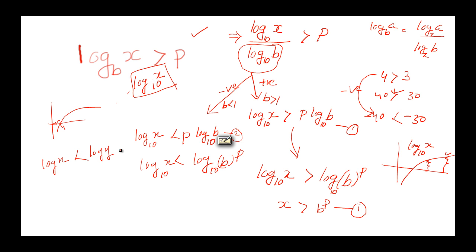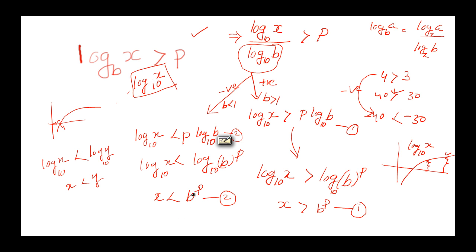When log x is smaller than log y, then correspondingly you can write that x is less than y. But the only thing you have to ensure is that the base is 10. For the logarithm with base 10, when log x is less than log y, you can always write x less than y. So in this case you get x is less than b raised to p. This is case 2.